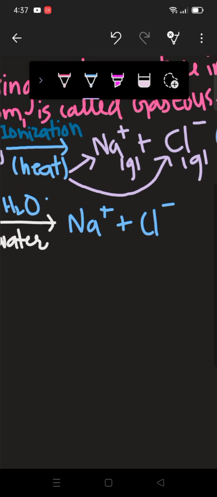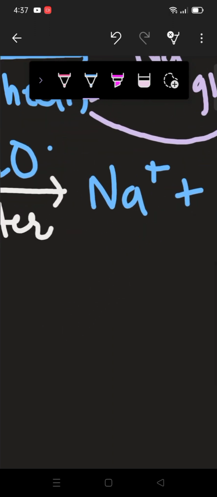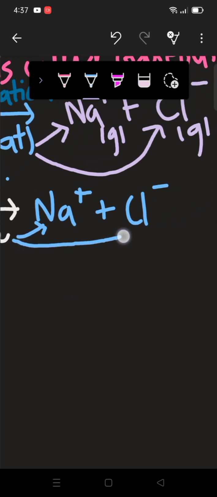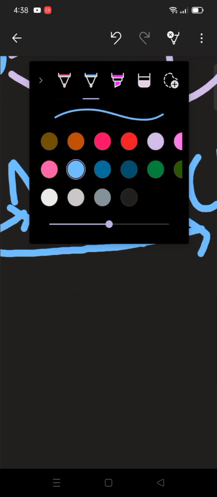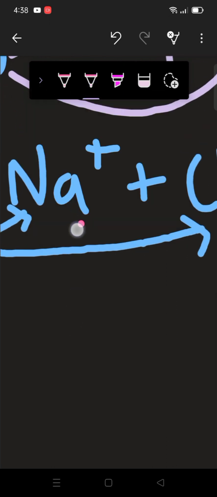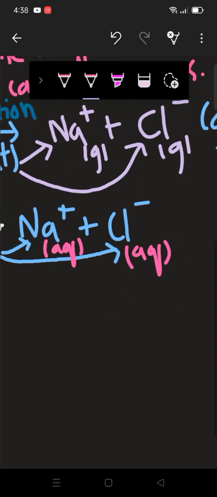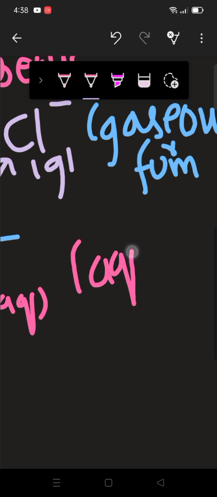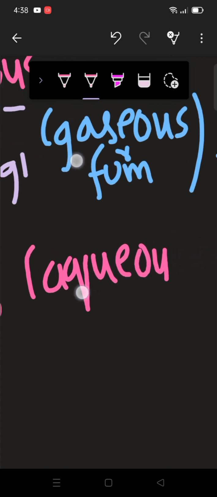Now what will we write? This water will be stored in this Na atom or element, and water will be stored in the chlorine atom or element as well. So what do we call this? We call this aqueous, which means we have to write AQ next to the Na as well as next to the Cl. Now both elements are aqueous. So this is basically the aqueous form.